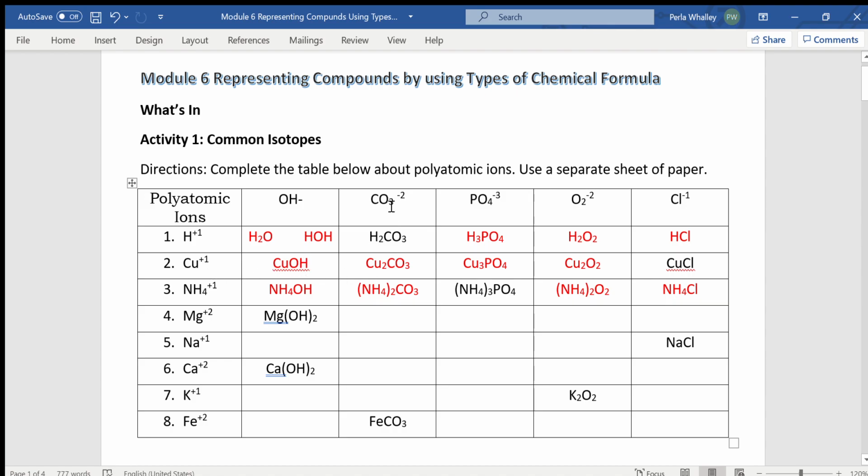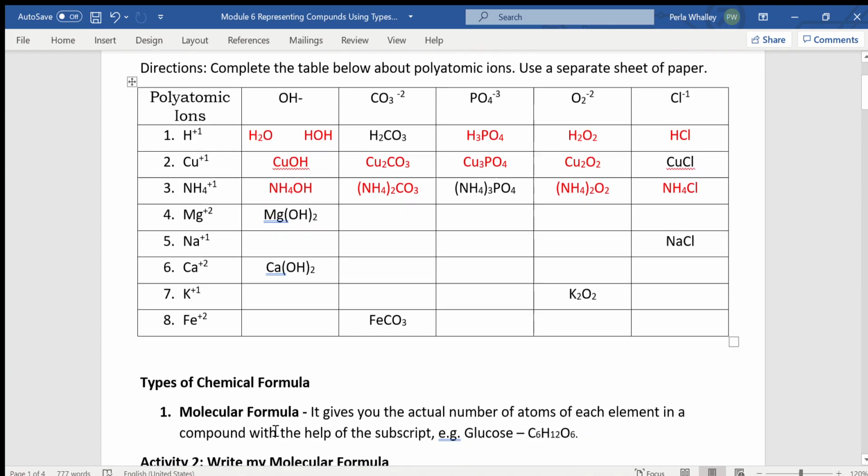You pair it, and all of it here, you pair it. The same with ammonium ion. You only need to do numbers 4 to 8 because the answers for 1, 2, and 3 are already given. Then let's go to the next.